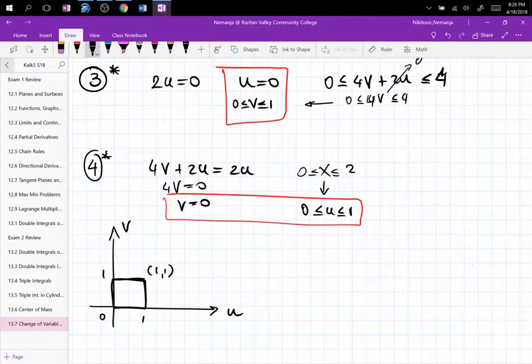The first step is figure out transformations, then transform the region, then find the Jacobian, and then replace everything, and then you start integrating. So these problems tend to be extremely long. But again, at least it's very systematic.